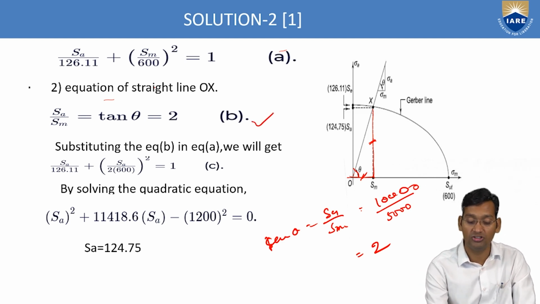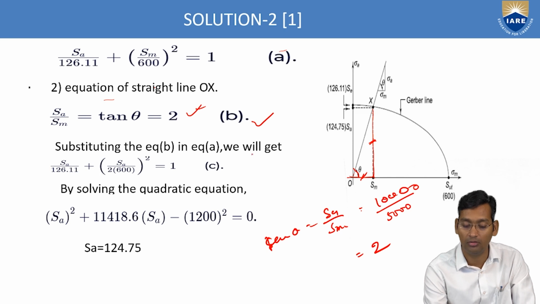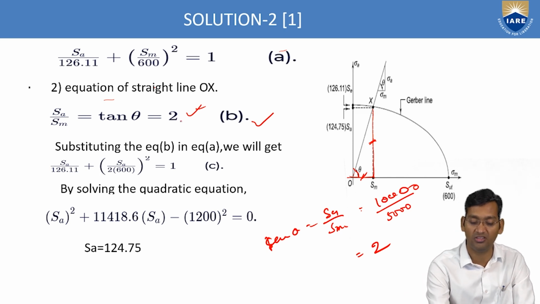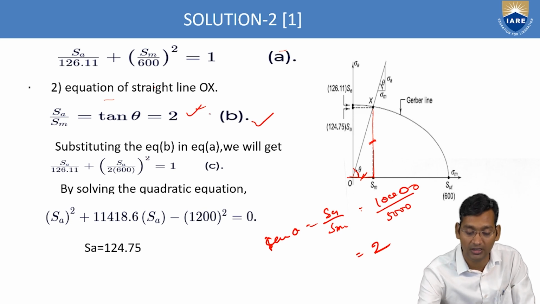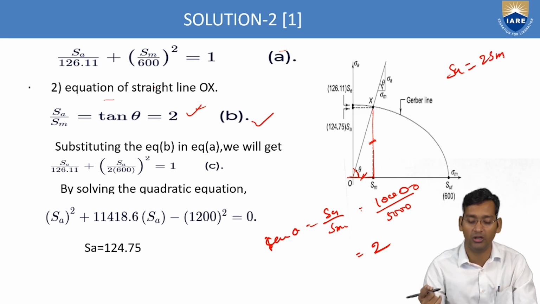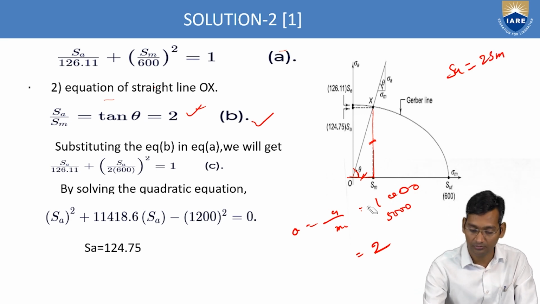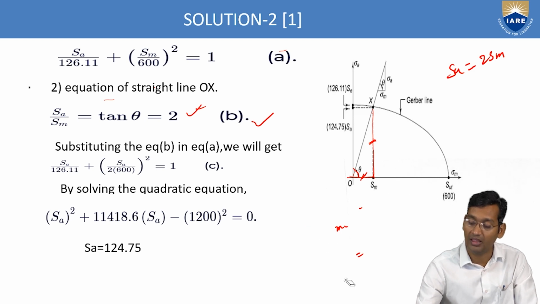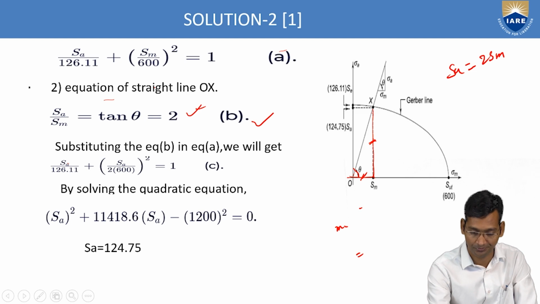Okay. Now substituting the equation B, this one, in equation 1, we will get after just SA by SM as 2. So here SA by SM, or SA, from here what we can write, that SA equals to 2SM. Right. So we can replace one variable. Okay. So or SM as SA by 2. So now just here.